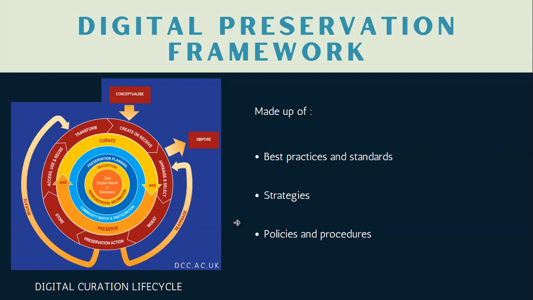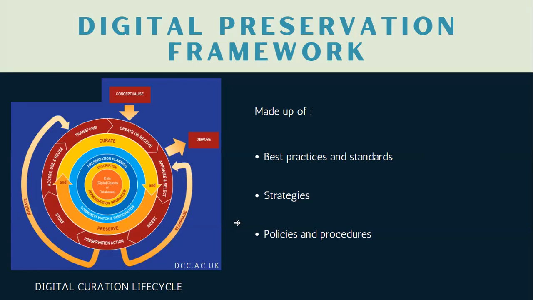So that's the full life cycle. That's kind of what is happening all of the time. Sequential actions are to conceptualize, create or receive, appraise and select, and ingest, which means actually getting the digital objects to an archives or a library so that digital preservation can happen. Then preservation actions, store, access, use and reuse, and transform.